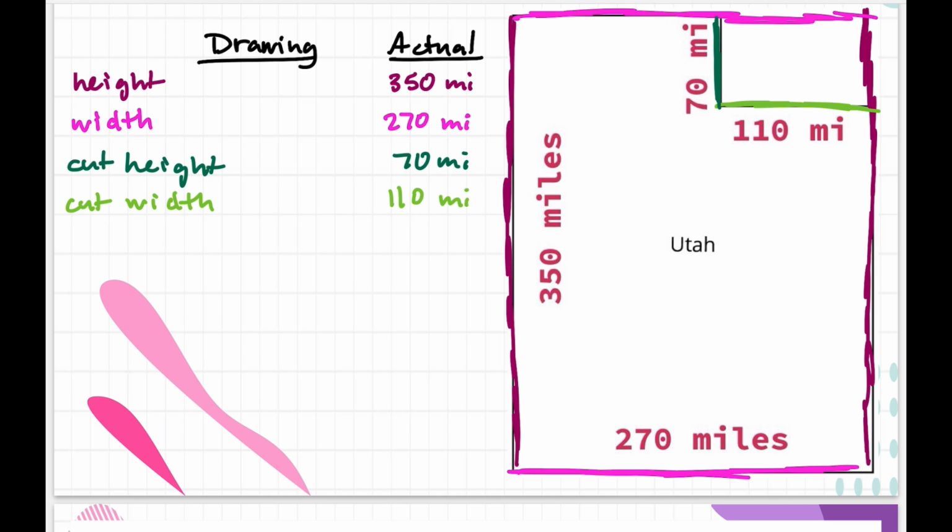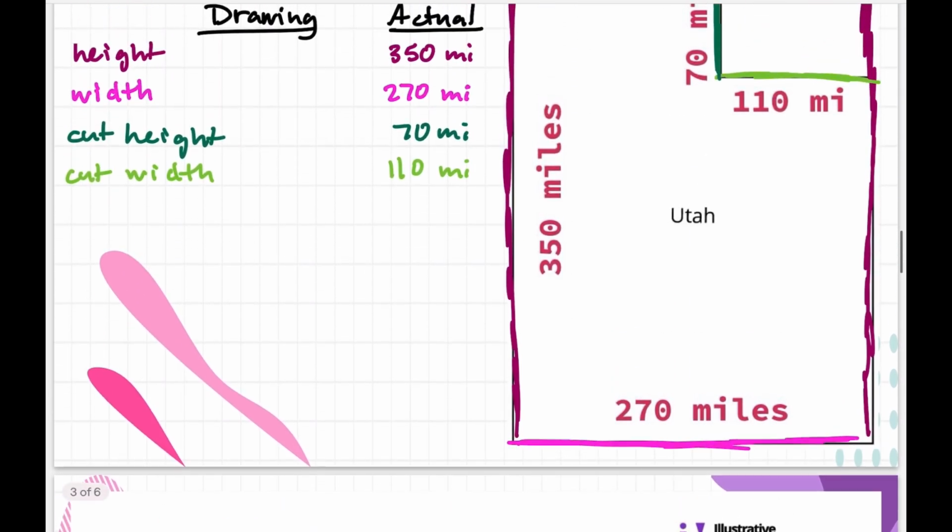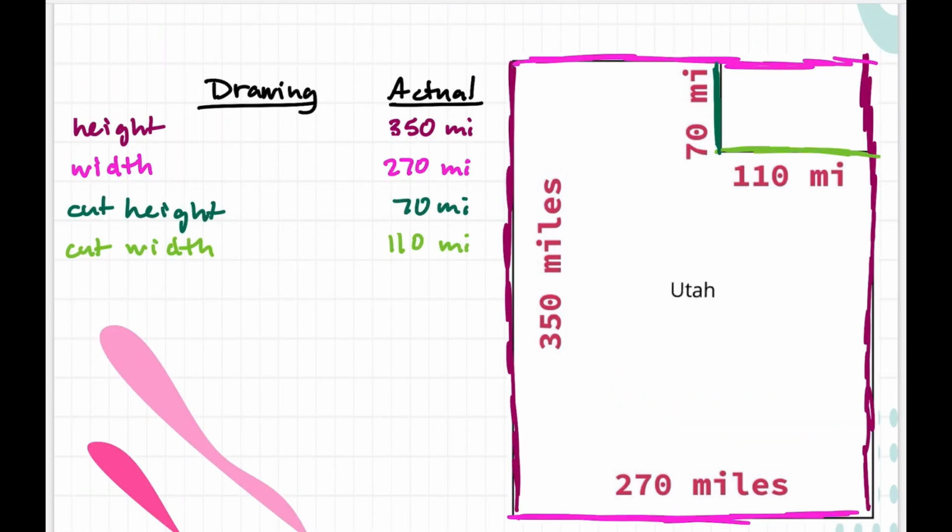Those are the same measurements that we used before because they're the actual measurements of Utah, but here's the part that's different. Now, the scale that I'm using is 1 centimeter represents 75 miles. So, that scale is what connects everything together. So I'm going to list it as 1 centimeter, which is representing 75 miles in our actual state of Utah.